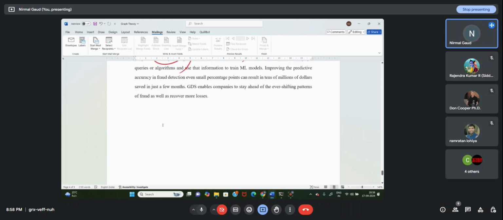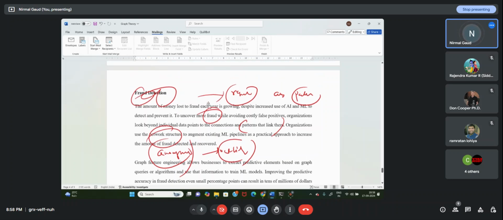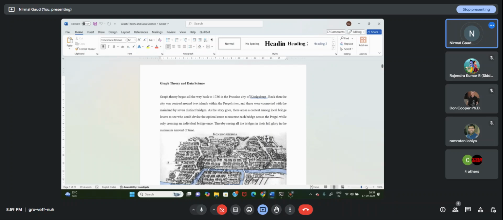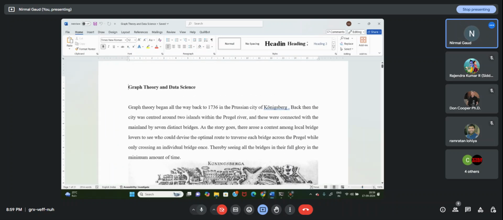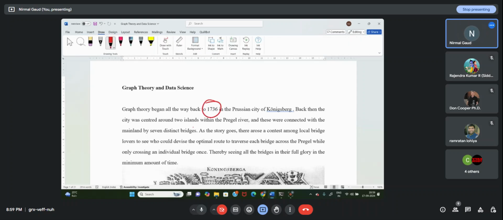So here the applications and some part of the introduction have been mentioned in my tutorial related to graph theory, and I have another tutorial related to it also. Here is the tutorial. As I already told you, in 1736 in the Prussian city of Königsberg, a problem arose.